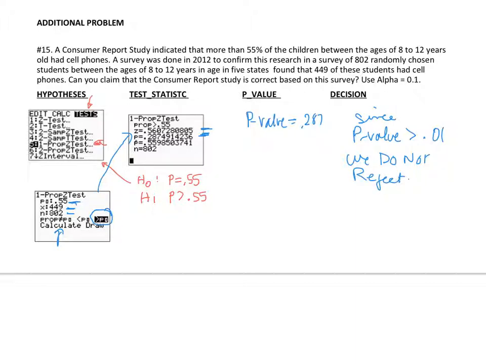And we conclude that, in fact, based on this information, there is no evidence to conclude that the percentage of children between the ages of 8 to 12 years old had a cell phone greater than 55%.